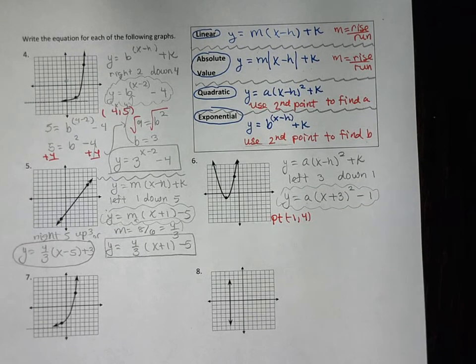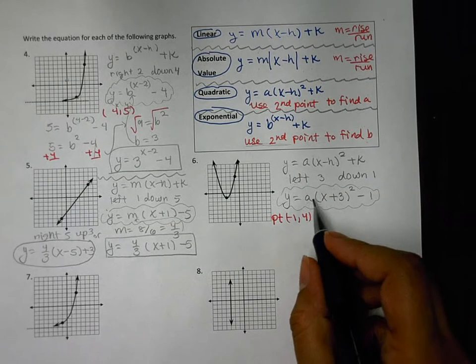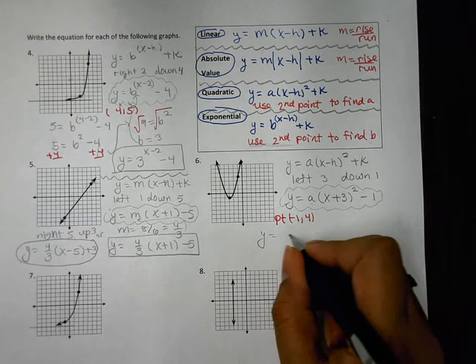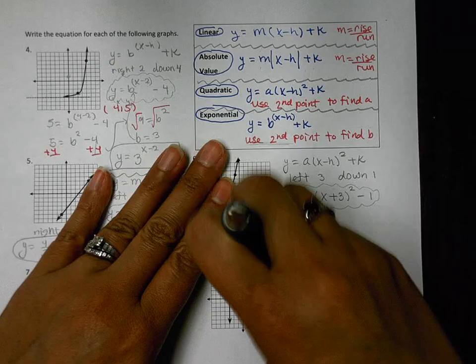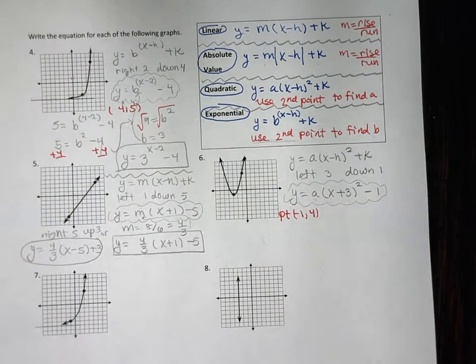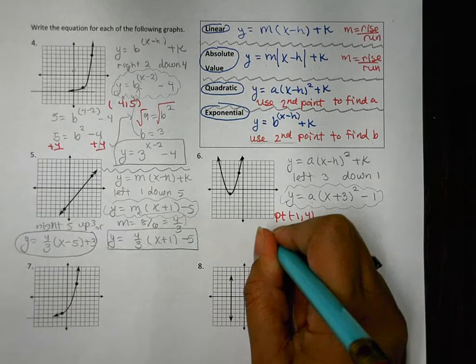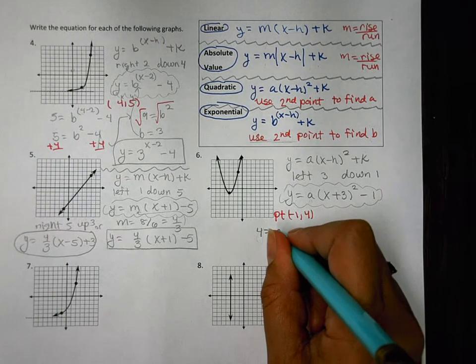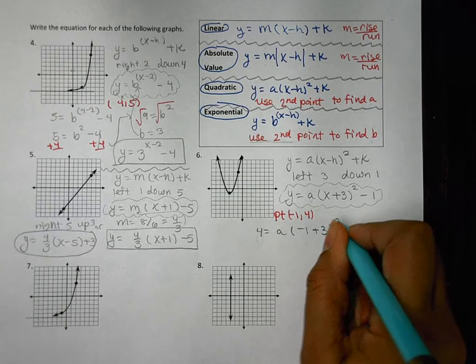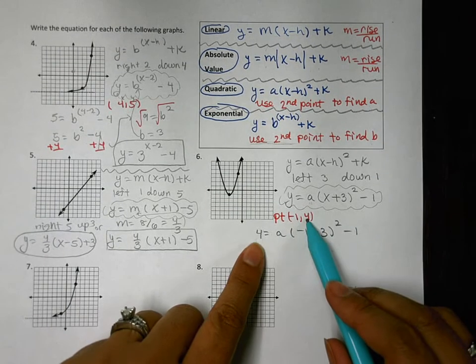All right, I plug it in and I find a. Once I find a, this is going to be my answer. I'm going to actually plug in y. Y is 4. So 4 equals a, which I don't know yet, times (x is -1, plus 3) squared minus 1. 4 came there from the y.